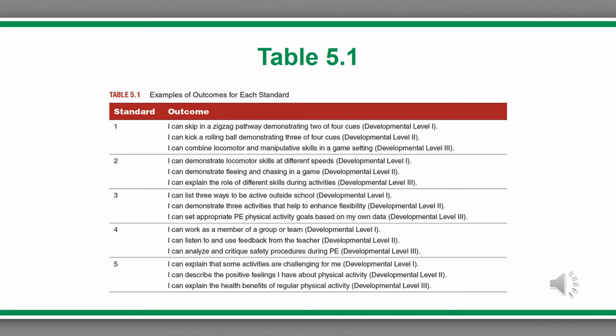Okay, so these are some examples of how to write an objective or an outcome. You need to learn how to do this. You will be doing this. This is the only time I'm going to be covering it throughout the semester. So at the end of the semester, when you're creating your lesson plan, this is what you need to remember and focus on how to do it.